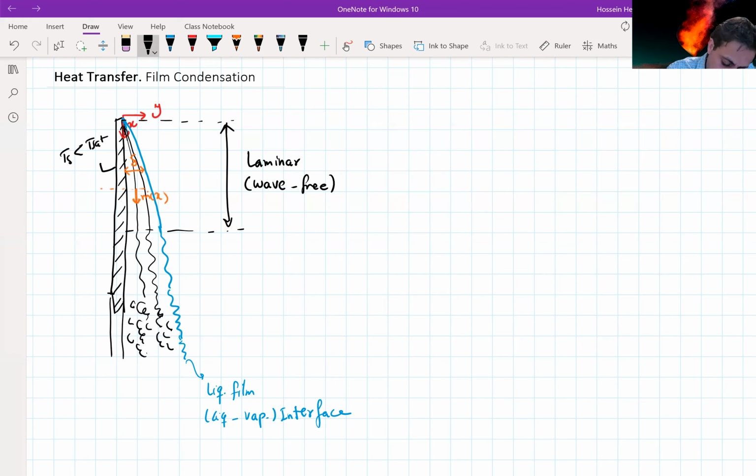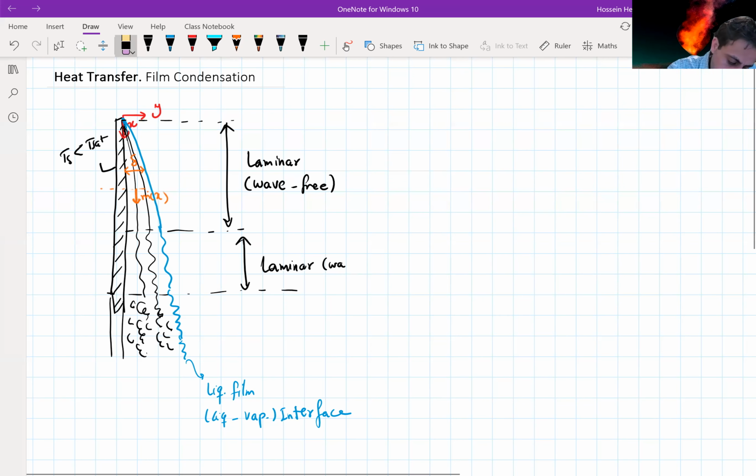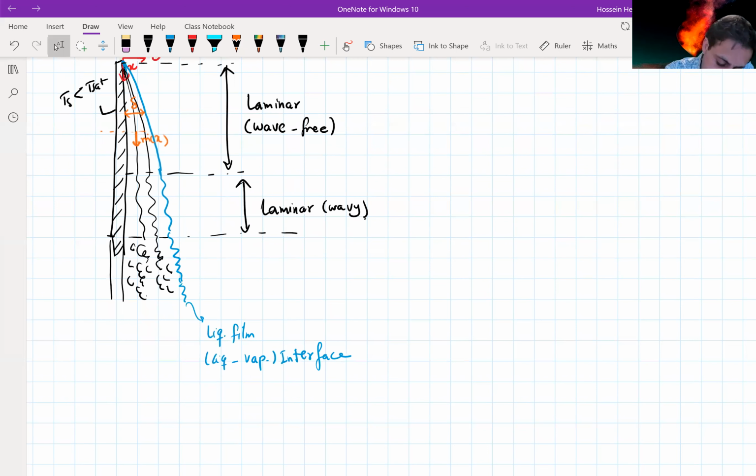Then below that, after a certain distance or certain amount of mass that has accumulated here, what we have is the laminar wavy regime, wavy flow. And then below that, this is what we have as a turbulent regime.